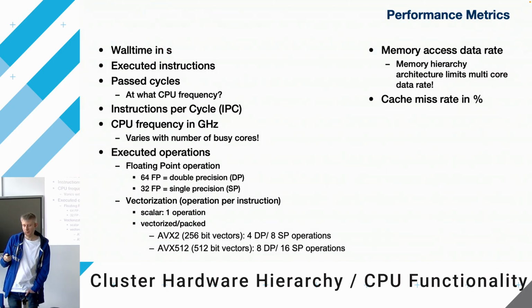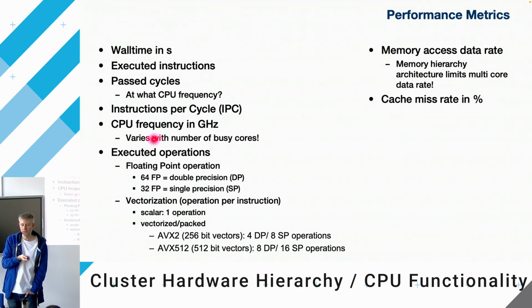But then we also have to consider that the frequency can change depending on the load of the CPU, to save some energy. So we have to think about what this number means in the end. And then we can also have an average instructions per cycle: how many instructions were executed in how many total cycles.